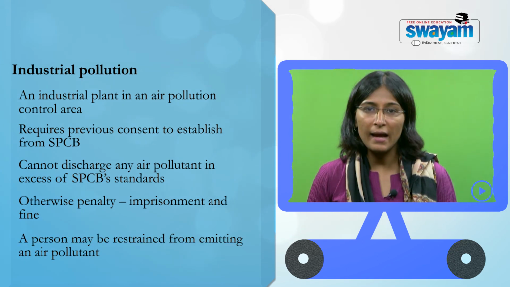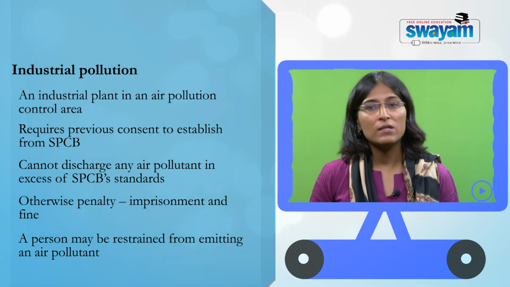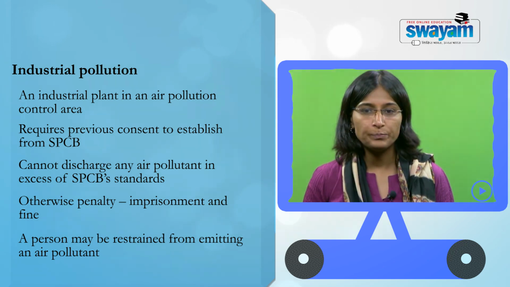Also, under the Air Act, a person may be restrained from emitting an air pollutant. Now, as in the case of the Water Act, the State Pollution Control Board does not have the power to impose penalty or restrain a potential air polluter unilaterally. In other words, the State Pollution Control Board has to file a complaint or an application before a court of law, and the court of law will take cognizance of such a complaint or application from the State Pollution Control Board.